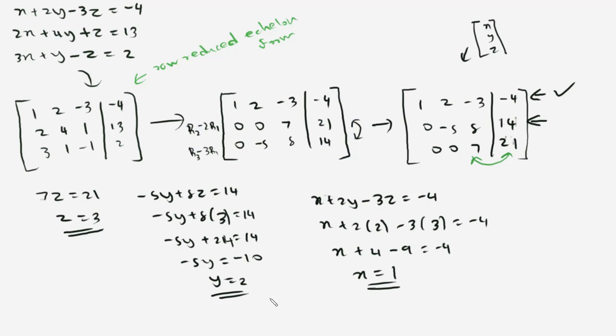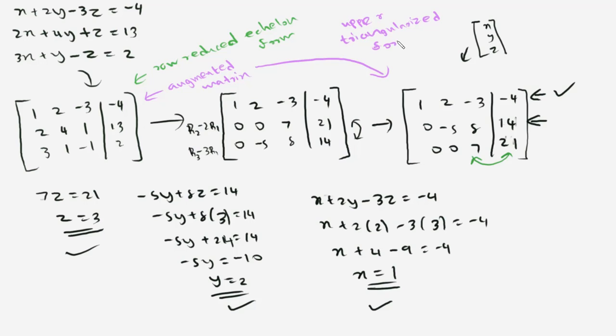So those are the solutions for our unknowns, and we solved our linear system by using the Gaussian elimination method. First we created our augmented matrix. Then we reconstructed our augmented matrix into this upper triangularized form.